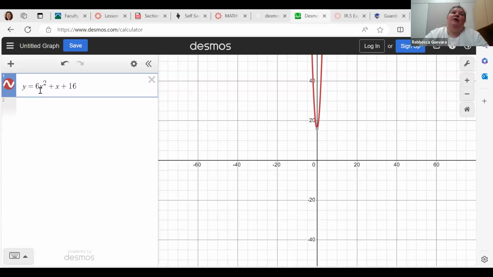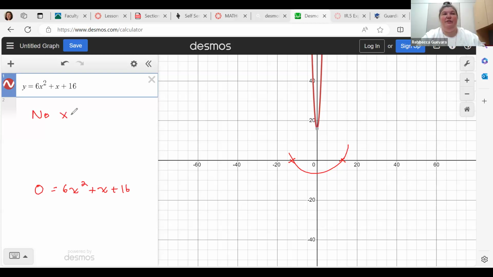So if you did the graph of 6x squared plus x plus 16, I set it equal to y right now. What you're seeing here is that for it to have zeros, that would mean we'd have to be able to have y's that are 0. So it would have to cross like this. We would have to have x-intercepts.